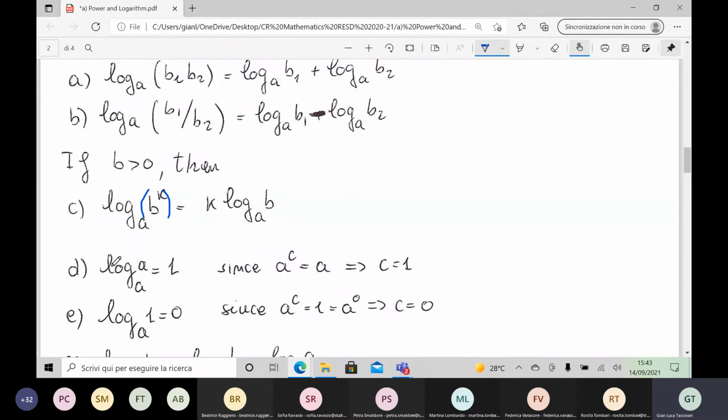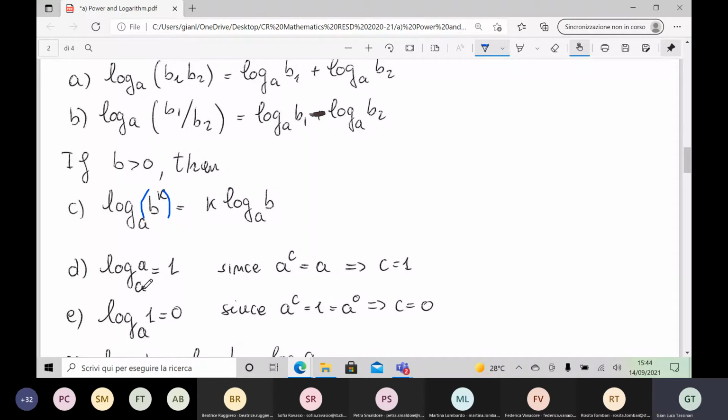Logarithm with basis A of A is equal to 1. Why? Call it C for a moment.